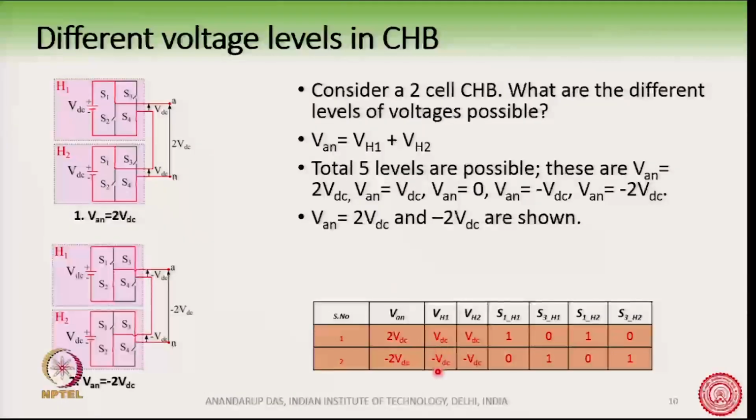In order to get minus VDC, we should have S3 and S2 turned on as shown in this diagram, and from this second cell also S3 and S2 turned on. These diagonal switches in these 2 cells will give us this minus VDC.